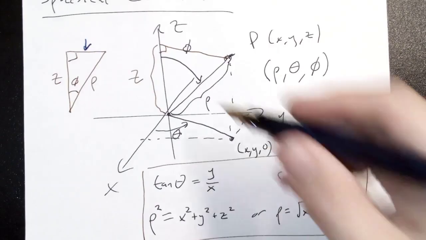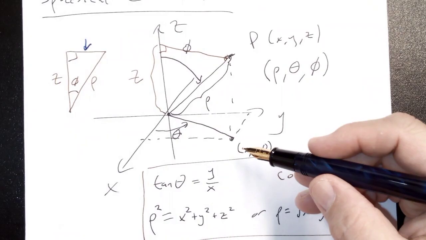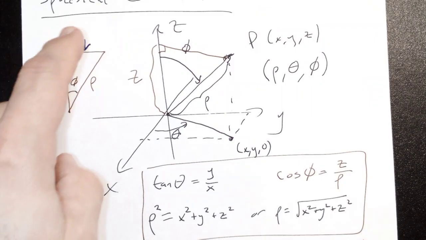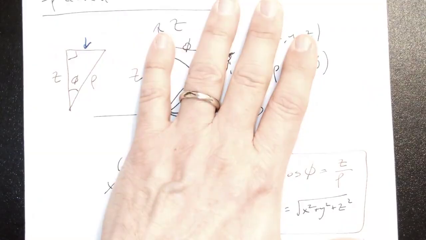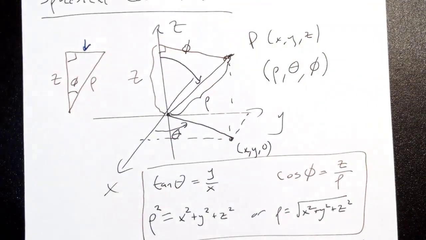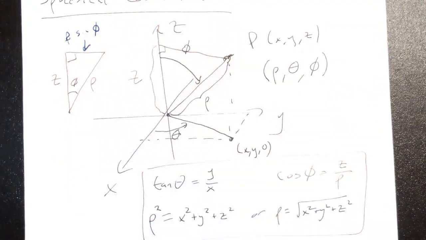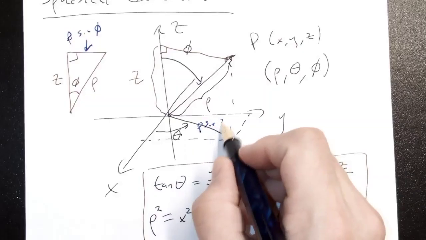Yeah, because that's going to be the same length as down here. I don't know what x squared and y squared are yet. I don't know x and y. I only know rho, theta, and phi. How can I get this length from that triangle? Rho sine phi. And that means that this radius right here, that's rho sine phi.